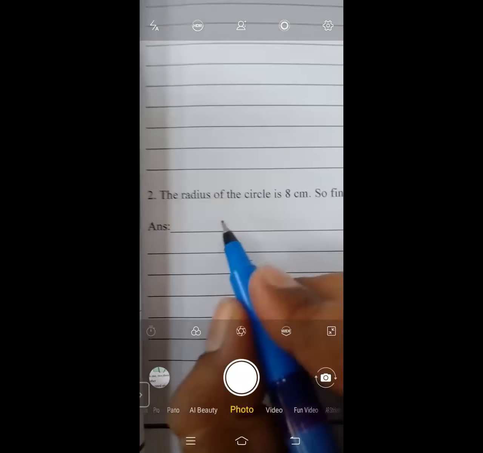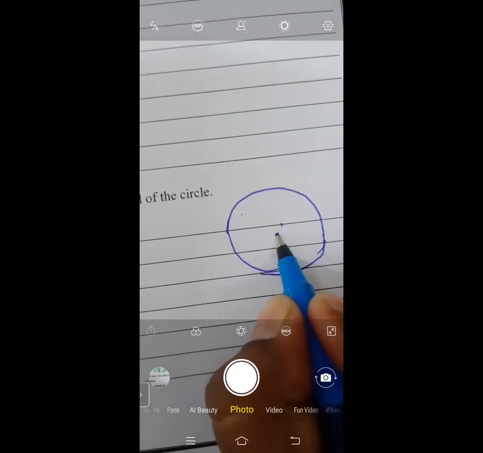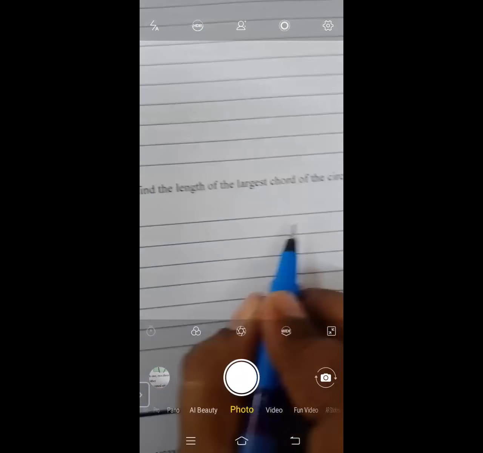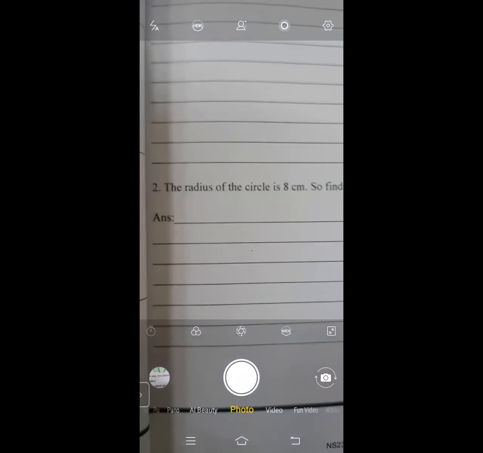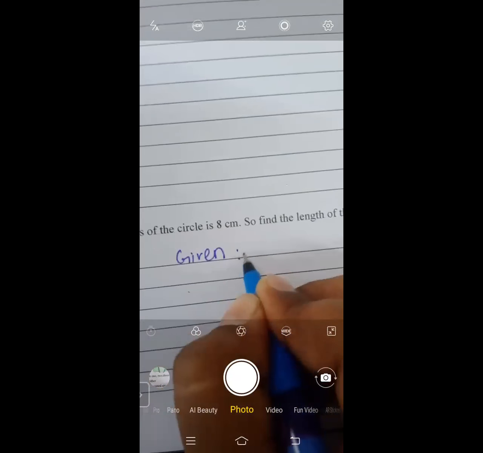After that, the radius of a circle is 8 centimeter. So if this is a circle and the radius of the circle is 8 centimeter, find the length of the largest chord of the circle. So what is given? Given is the radius.